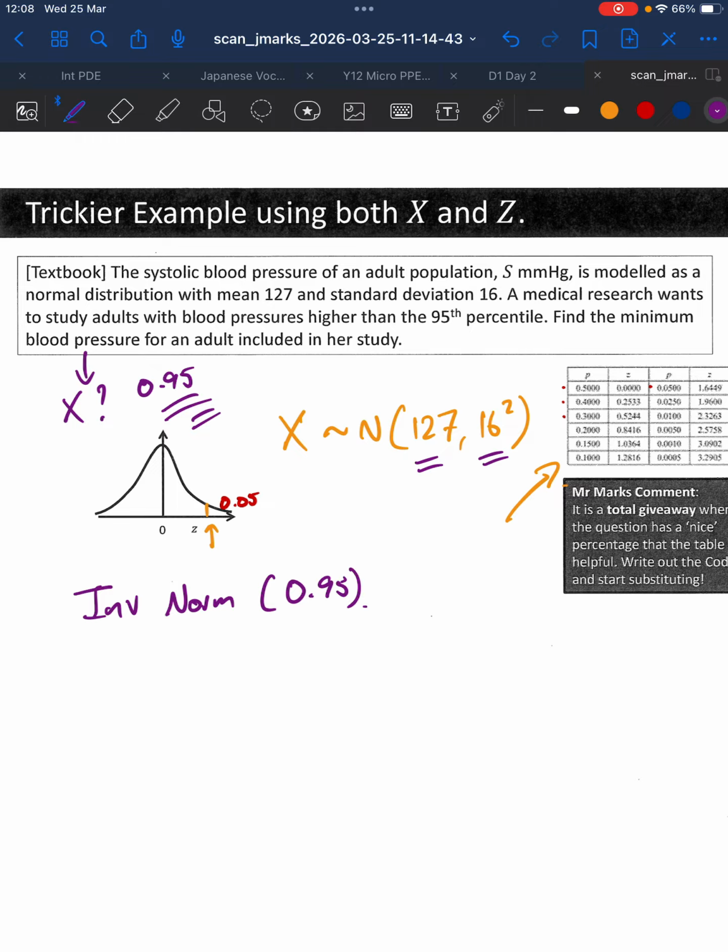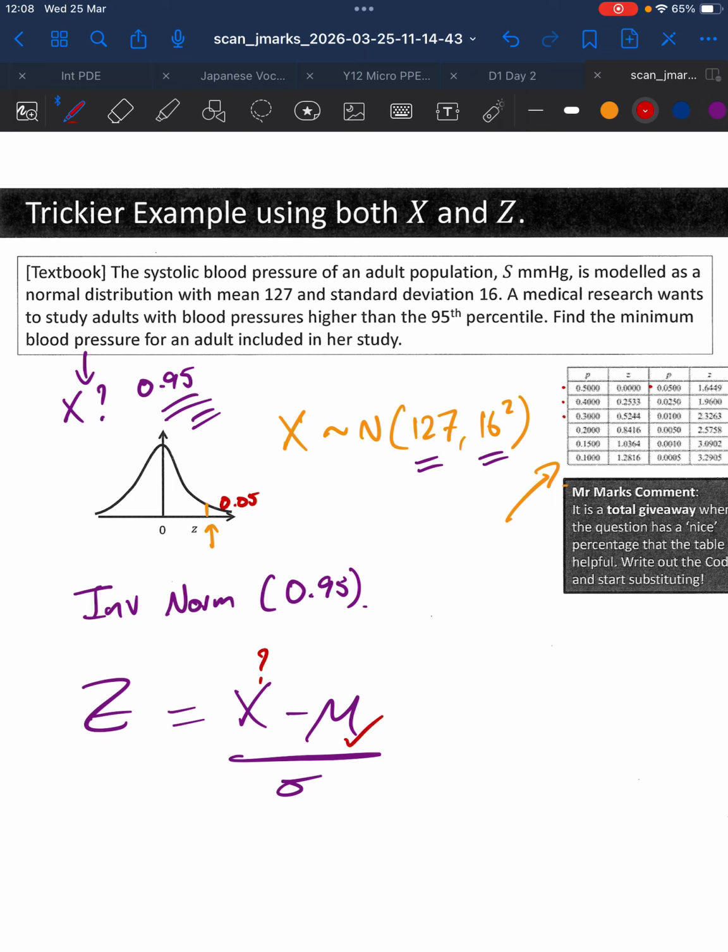Okay, but what they want us to do in this question is they want us to experiment with the z value. So I'm going to show you the z value approach. So we write our code, which is this, and we put in the information that we know. So x is the value that we're trying to find, right?